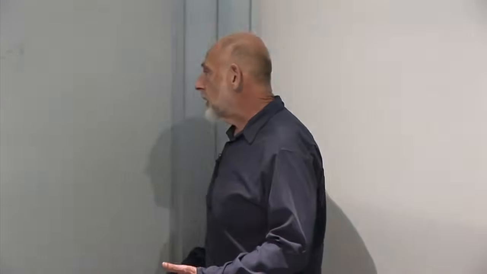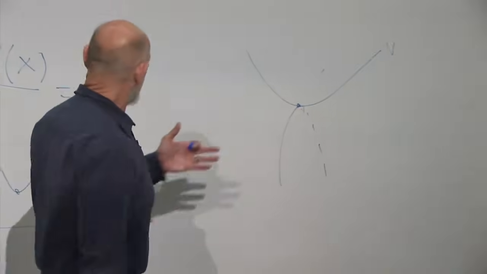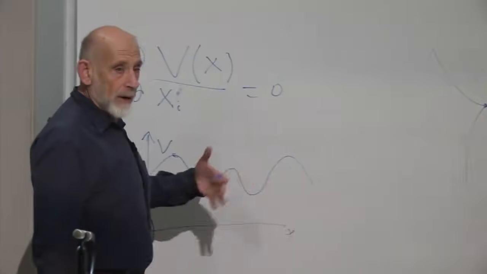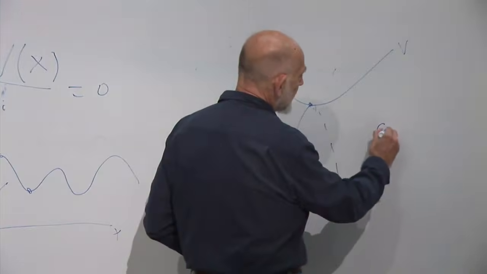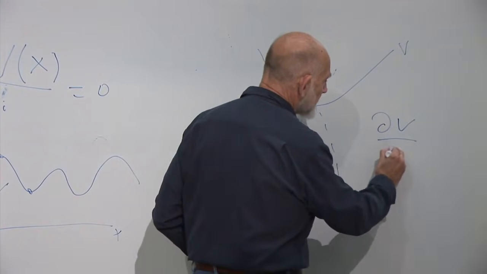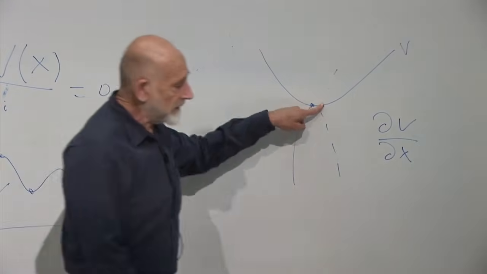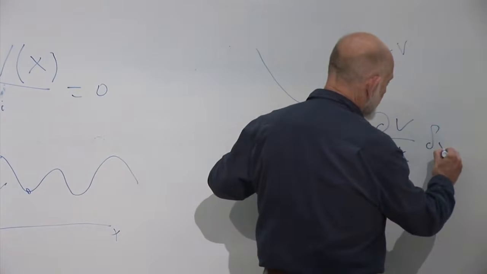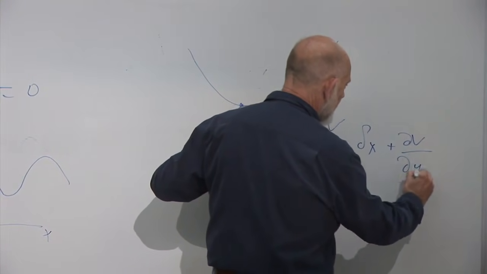All right. So now what is the change in potential if you move a little bit? Let's say we change x and y, or however many there are. If there were only 2 coordinates, the change in V would be the derivative of V with respect to x, that's the amount that V changes if you move x a little bit, times delta x, plus dV by dy times delta y.